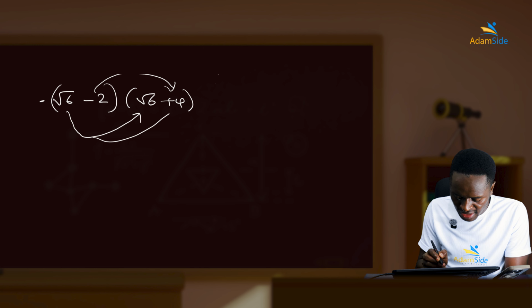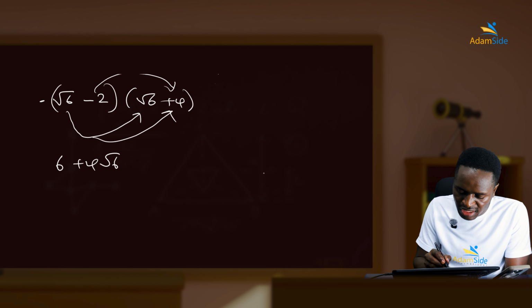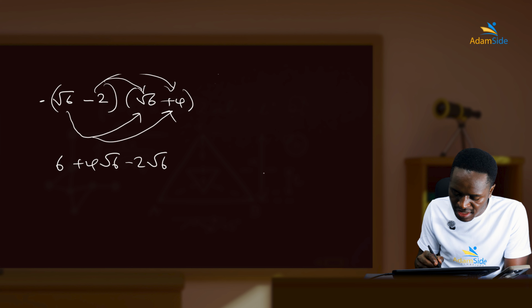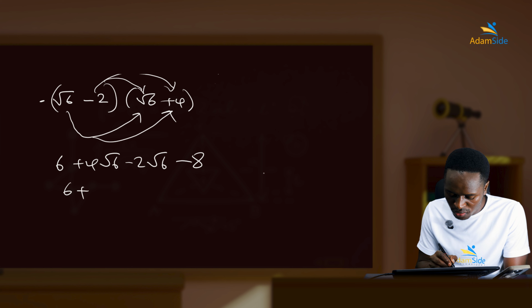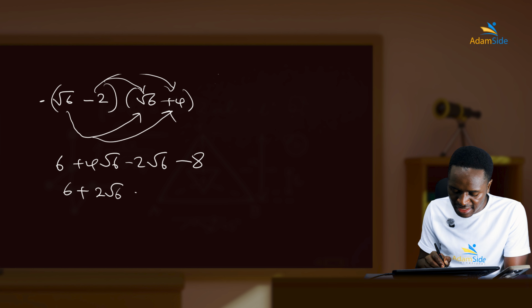So root 6 times everything there. Root 6 times root 6, we know that's 6. Root 6 times that is plus 4 root 6, and then negative 2 times root 6 is negative 2 root 6, and then negative 2 times 4 is minus 8. And then expand. You say 6 plus 4 root 6 minus 2 root 6 is plus 2 root 6 minus 8.